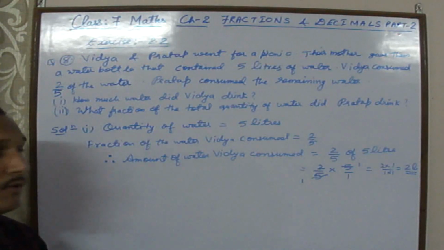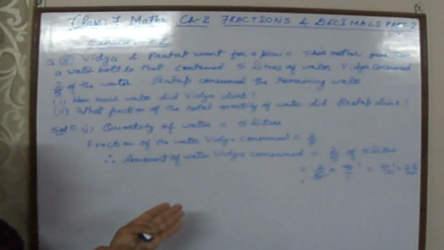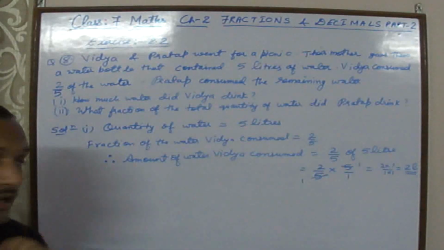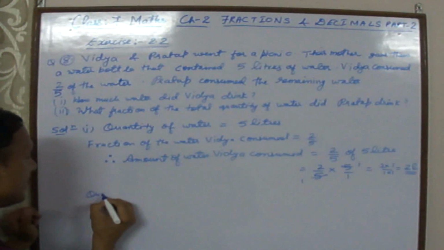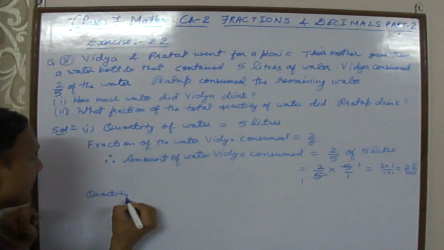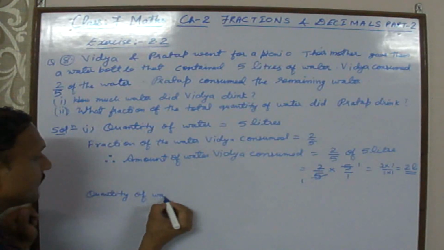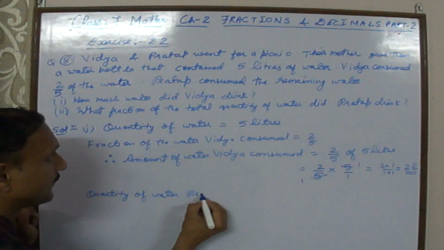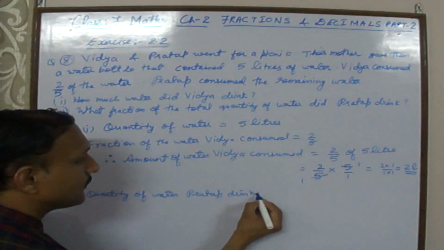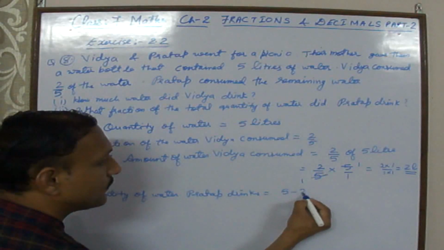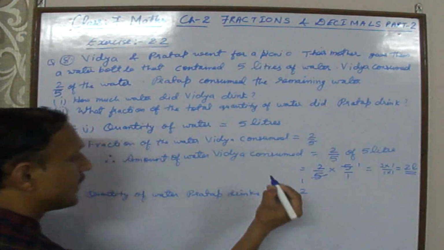That means of course Pratap has drunk 5 minus 2, 3 liters. So we can find out easily. Quantity of water Pratap drinks equals 5 minus 2, 3 liters consumed by Pratap.